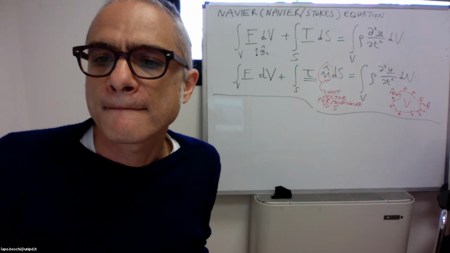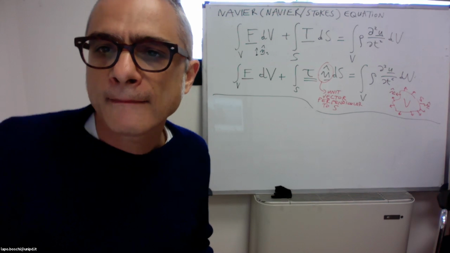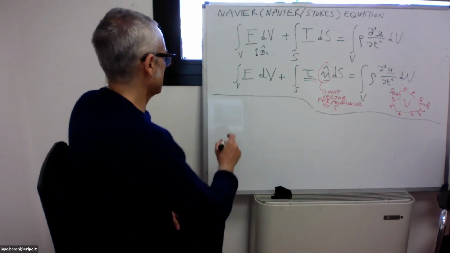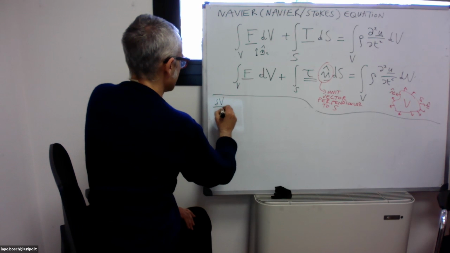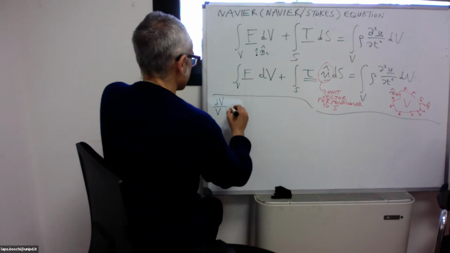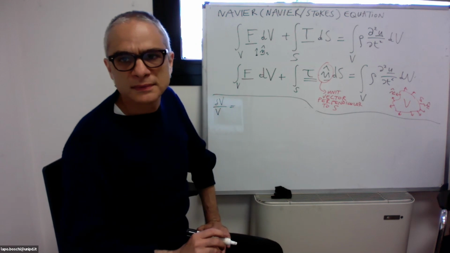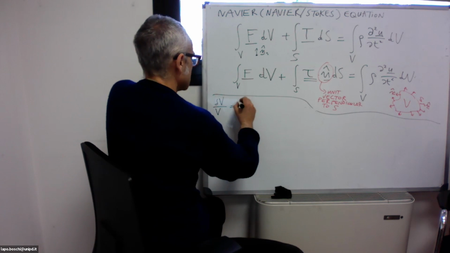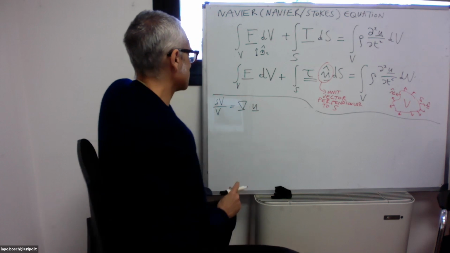So we obtain that delta V over V equals the divergence of U. This we've seen before, so it should be okay.